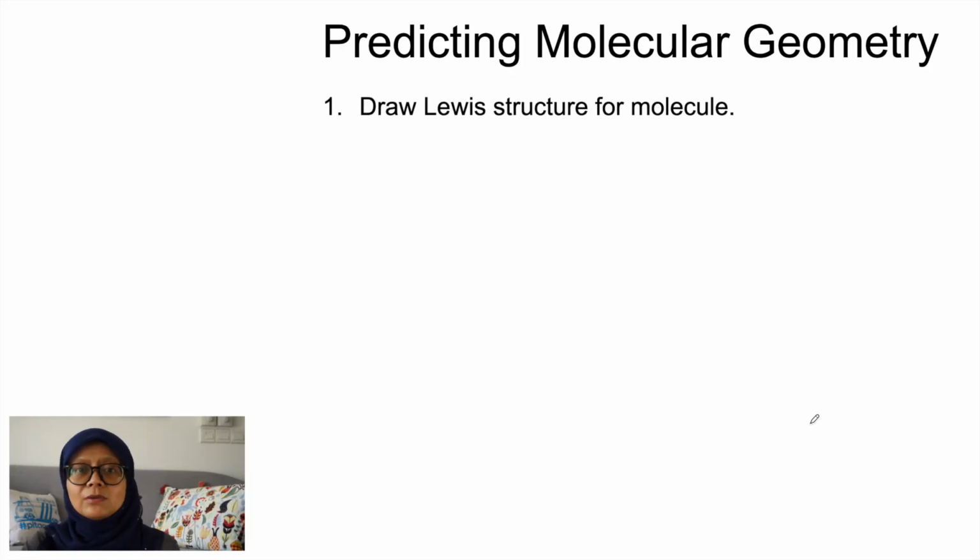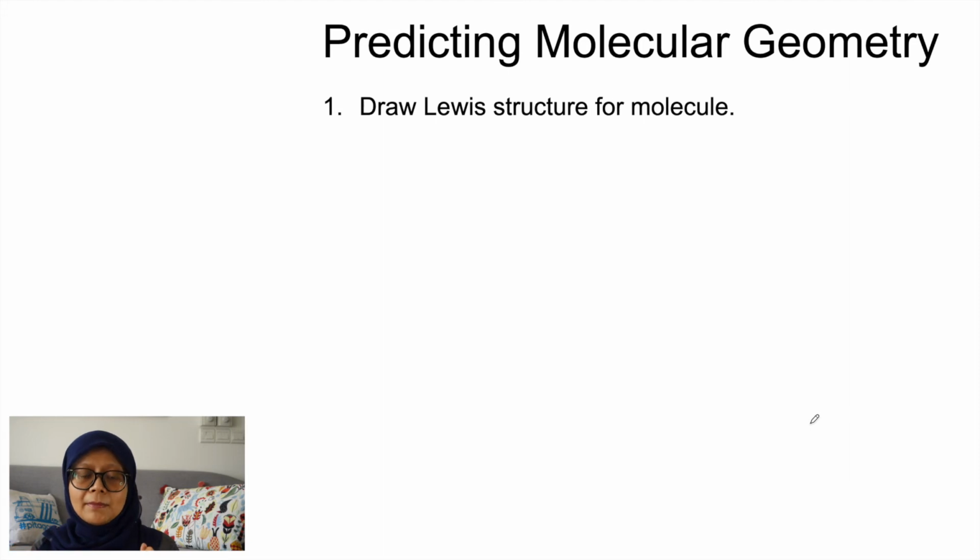So how? First things first, you need to draw the Lewis structure. This is what I explained to you in part 2, where we have five steps in order to draw the Lewis structure for a molecule.